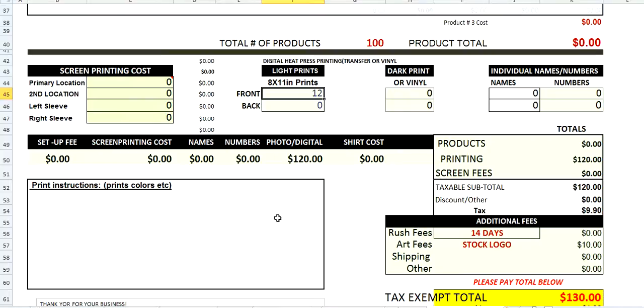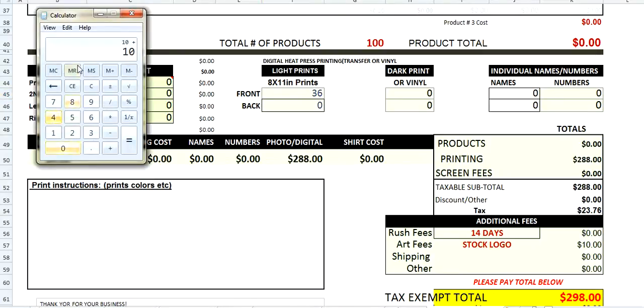So as we go in, we would get that discount rate here. Now, if we only added one, we would be paying $12. Let's say if we added 36 of those prints, we would just divide the total, 288, by 36, and that would give us our per piece price.